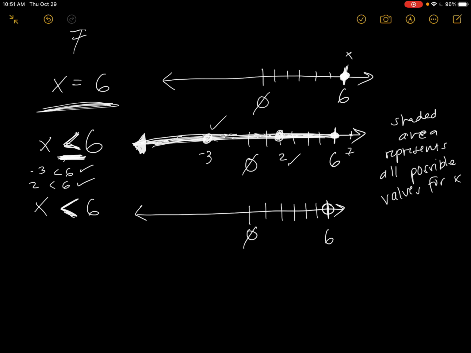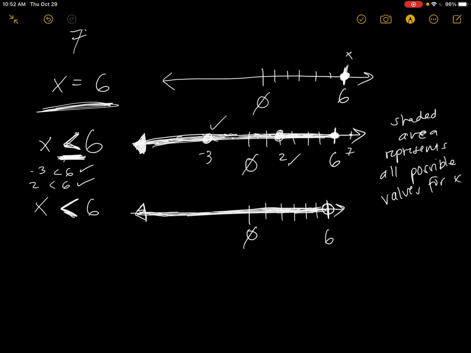Because 6 is my reference point. X cannot be 6, but it has to be less than 6. I'm going to do an open circle to represent starting from here, but it cannot be 6, and then anything less than it.